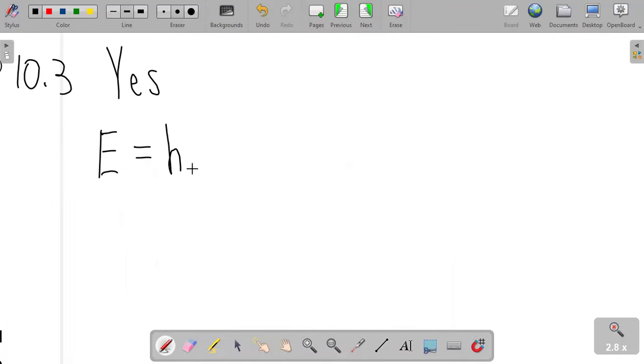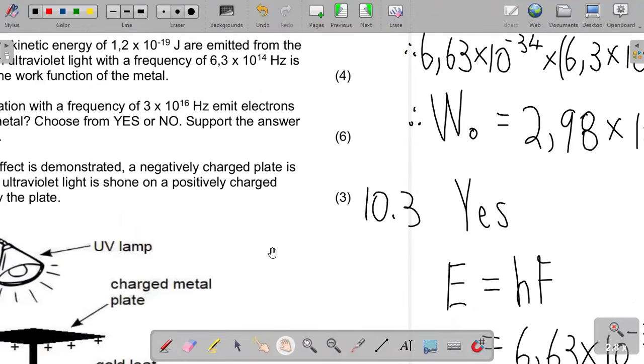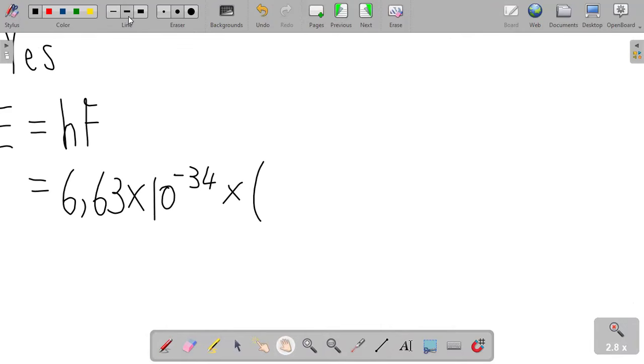So we say hf, which is 6.63 times 10 to the negative 34, times the frequency 3 times 10 to the 16, equals the energy.